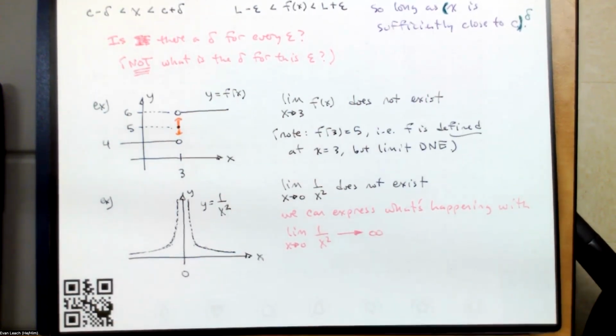On both sides, the value of 1 over x squared is just going off towards infinity. But notice I did not say equals infinity. We don't get to say equals infinity. Equals is for numbers. Infinity shows up at the equals club, and the bouncer says, you're not on the list.